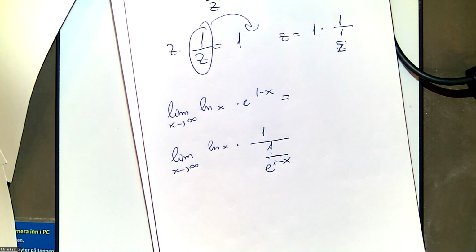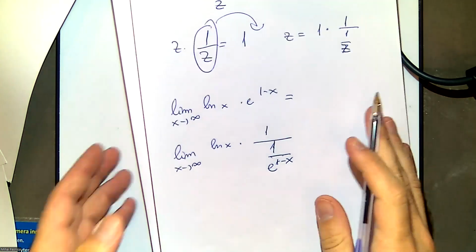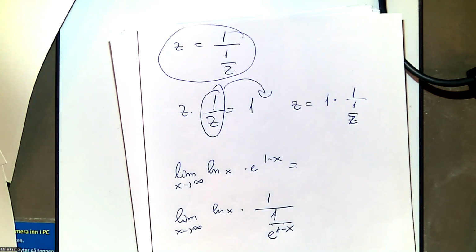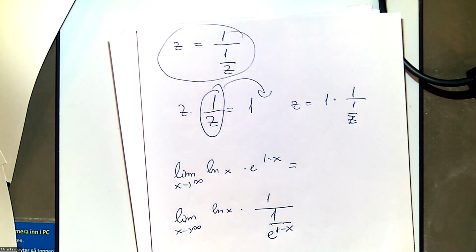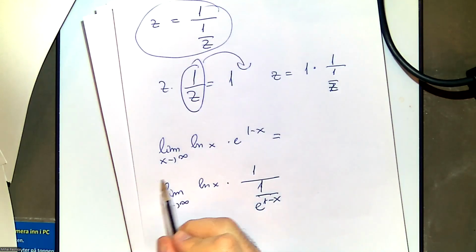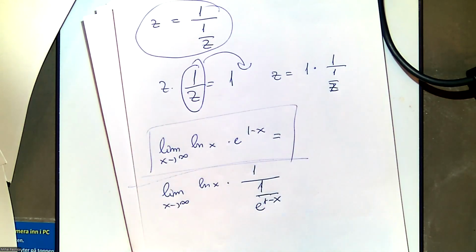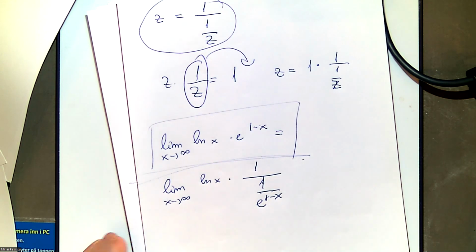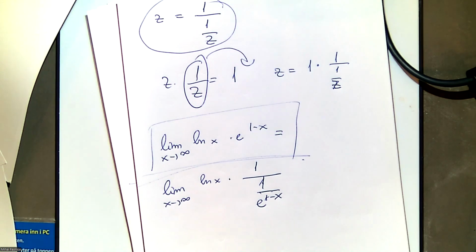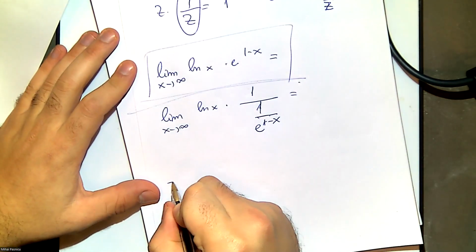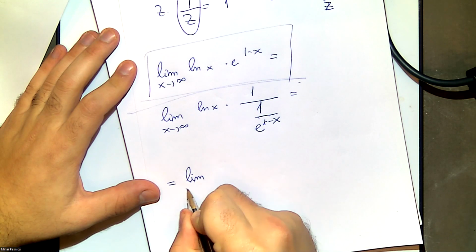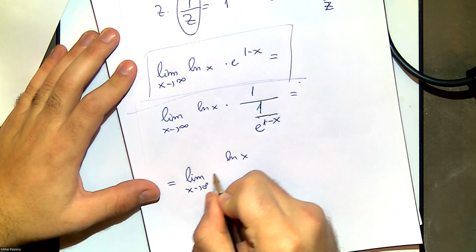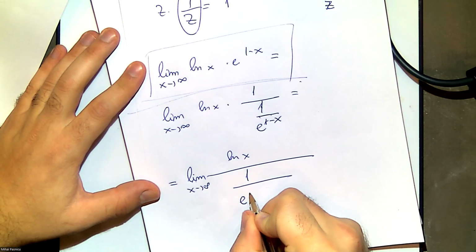Everyone understood? What I'm doing here is just to get myself into an indeterminate L'Hopital case, because when I get infinity times 0, in this class you don't know any theorems that will help you solve the problem. So you need to go back to L'Hopital. That's why my idea was: I have this product, let's make it into a fraction.